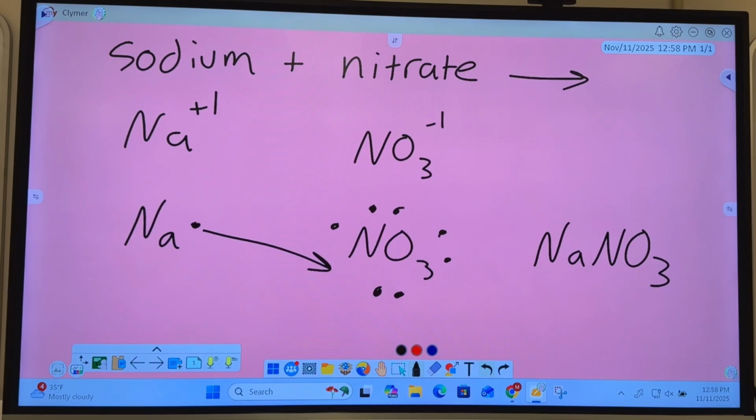We have one package for sodium, one atom. And in this case, the nitrate is a package deal. That NO3 is a thing unto itself. And we only need one of those packages to make this work. Each sodium's giving away one. Each nitrate is taking one. Great. Sodium nitrate.